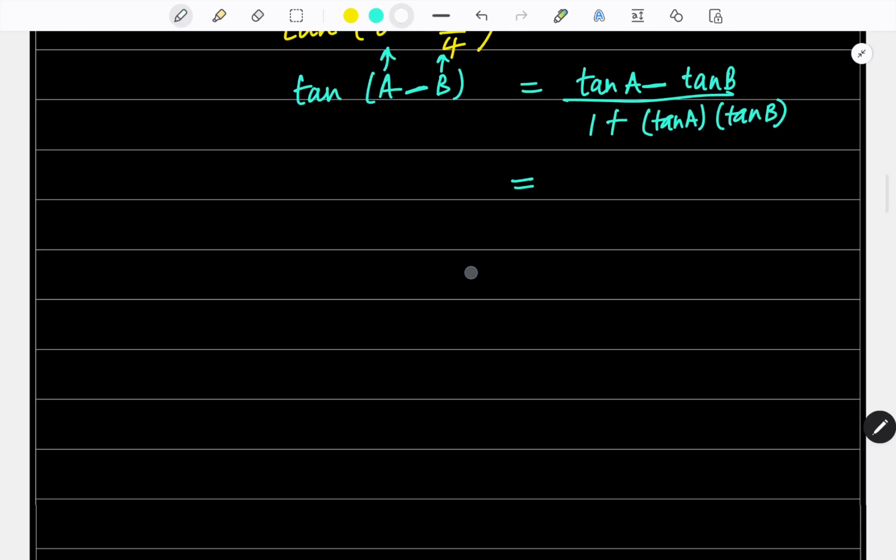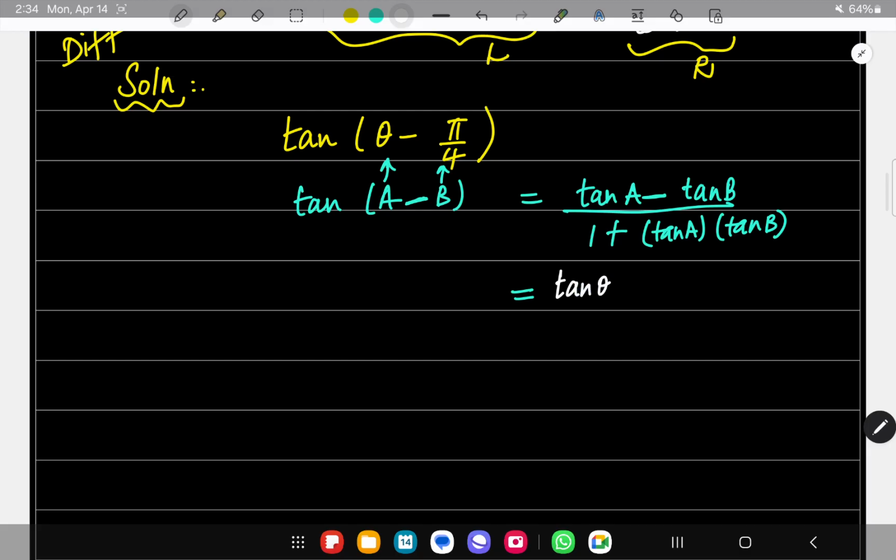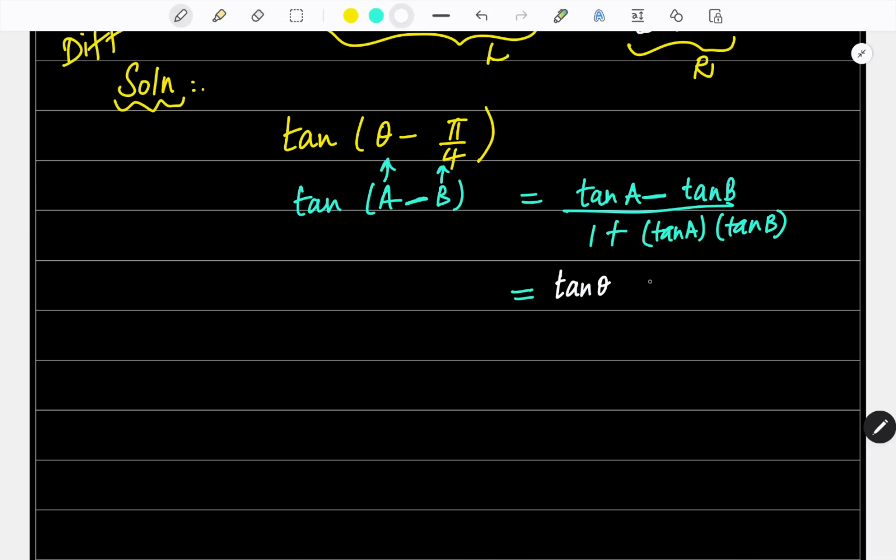Now let's go to the solution. What is your angle A? Angle A is theta. They didn't give the value. And then minus tan B. What is angle B? There is a value, tan pi by 4, divided by 1 plus tan theta times tan pi by 4. There is a radian coming.